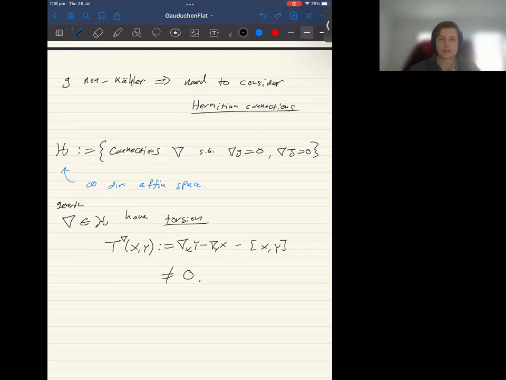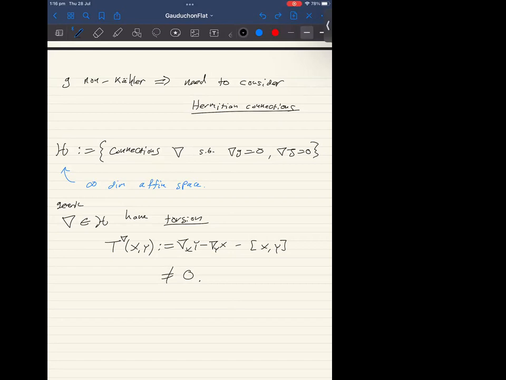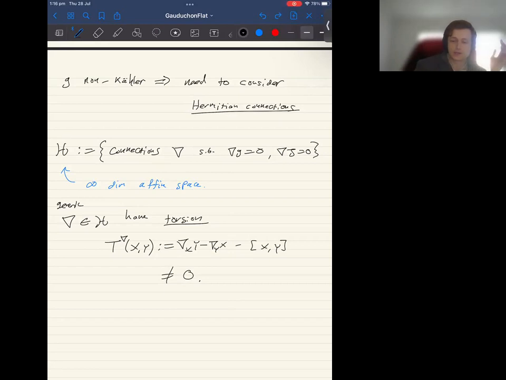It's a wild space, right? It's an infinite dimensional space. And we want to generalize Kähler geometry. So we want to choose connections which will agree with the Levi-Civita connection in the Kähler case, okay? In general, even in the Kähler case, this is still infinite dimensional. These don't collapse to a point. So it's natural to look for a subspace of H that will generalize the Levi-Civita connection.